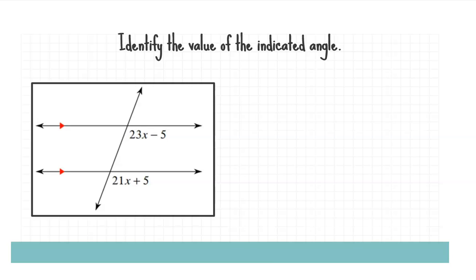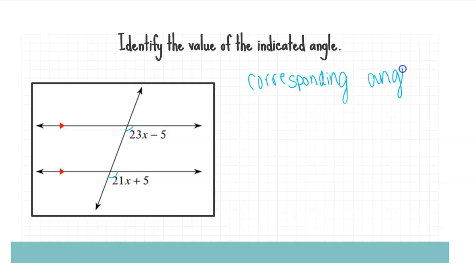All right, take a moment and think about the relationship between these two angles here. What is the name of those two angles? We should have said that they are corresponding angles.